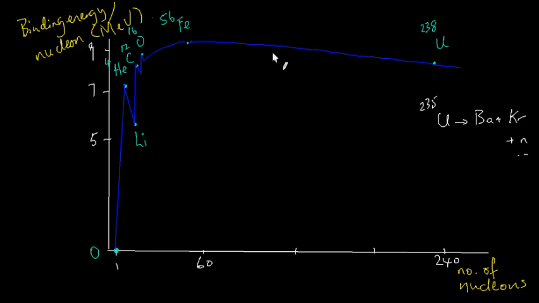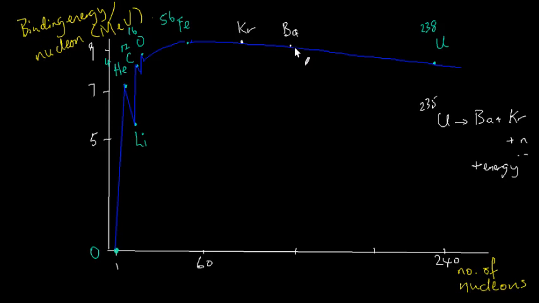They would be somewhere around here, maybe somewhere around here and here. But the important thing is that barium and krypton would have higher binding energies than uranium. So when uranium splits into these two, it would actually give out energy, because krypton and barium have higher binding energy.